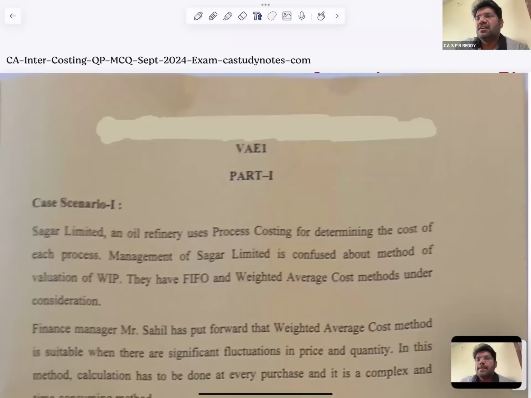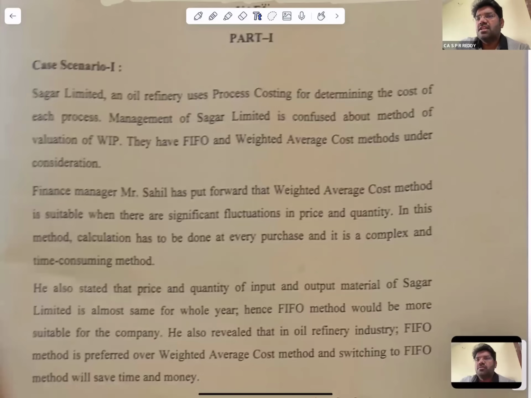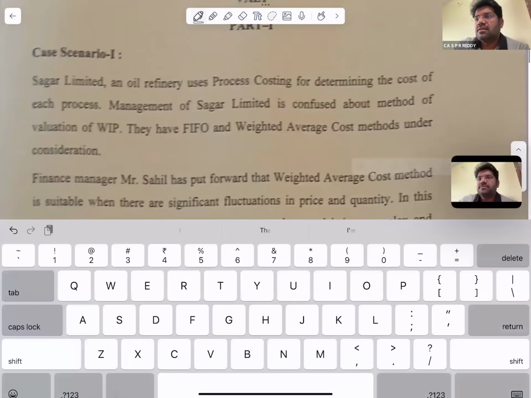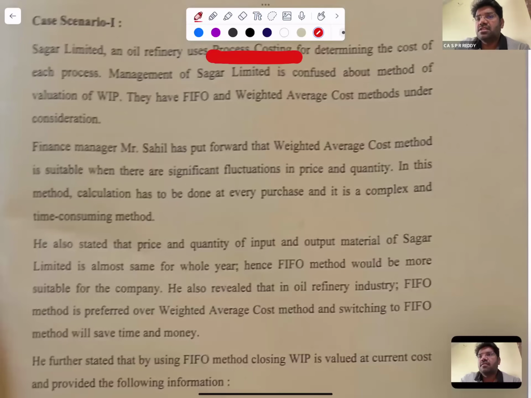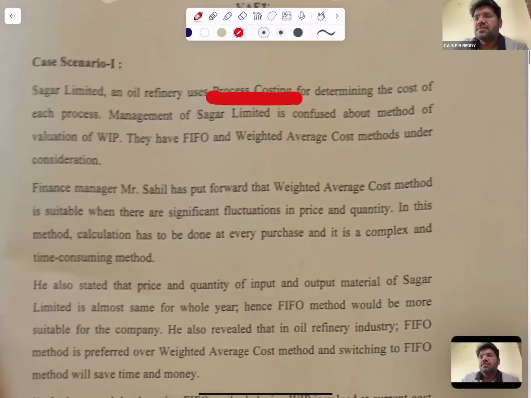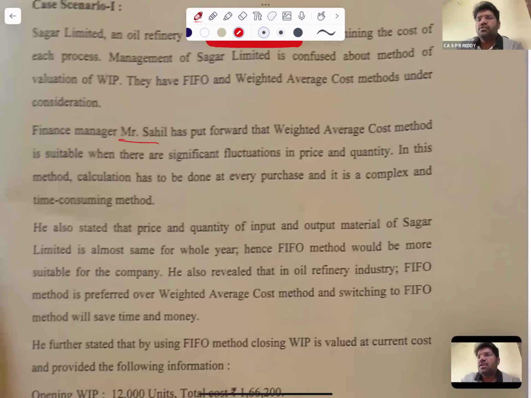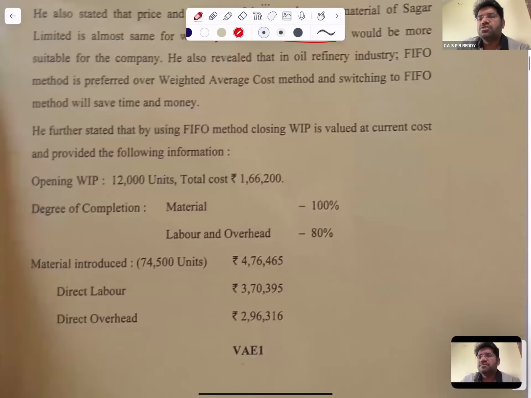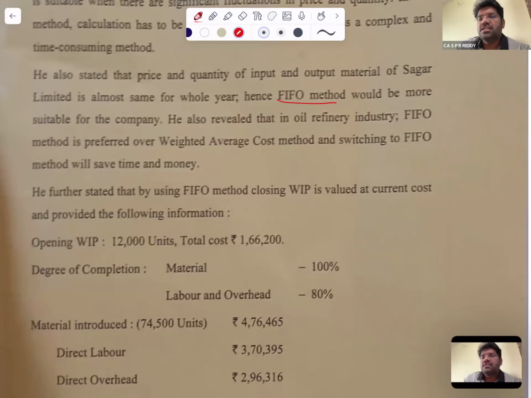They were saying that Mr. Sahil was recommending the weighted average cost method, but another manager was recommending the FIFO method. They've given details of the process account with opening WIP. So what are the questions they've asked here? Let's check the questions here.